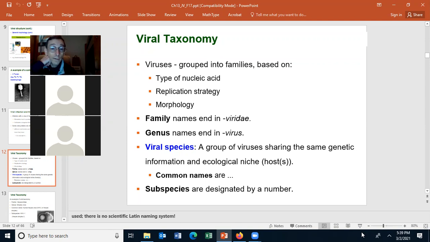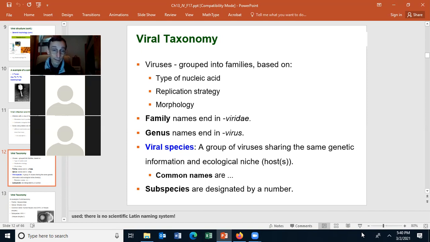All right, let's move on to viral taxonomy. Viruses, we group them into their families. There are some viruses that are grouped into orders, but generally we don't understand enough about the evolution of viruses, because their genome is so small and it changes very rapidly, evolving to their host.